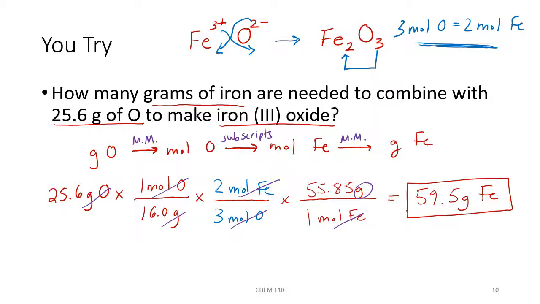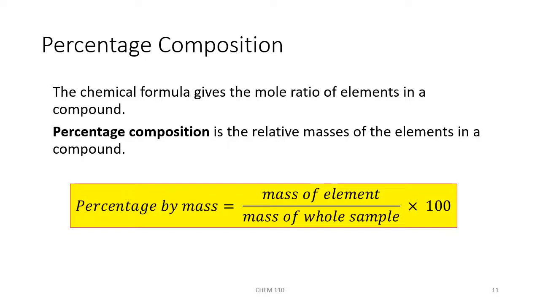We just learned that the chemical formula provides us with information about the mole ratio between the elements within a compound. Percentage composition is another way of providing us with the information of how much a specific element makes up a compound in a percent. So percent composition is usually a list of all the elements that are in a given compound and their percentage by mass.